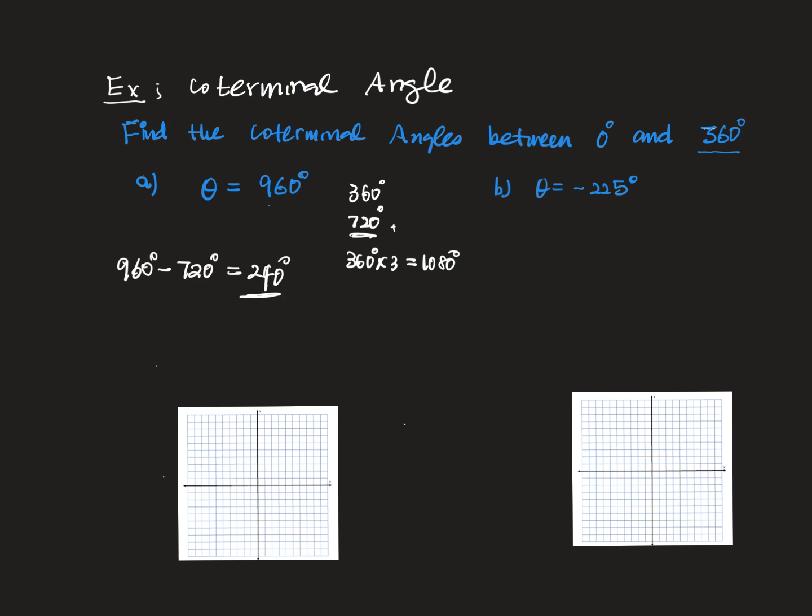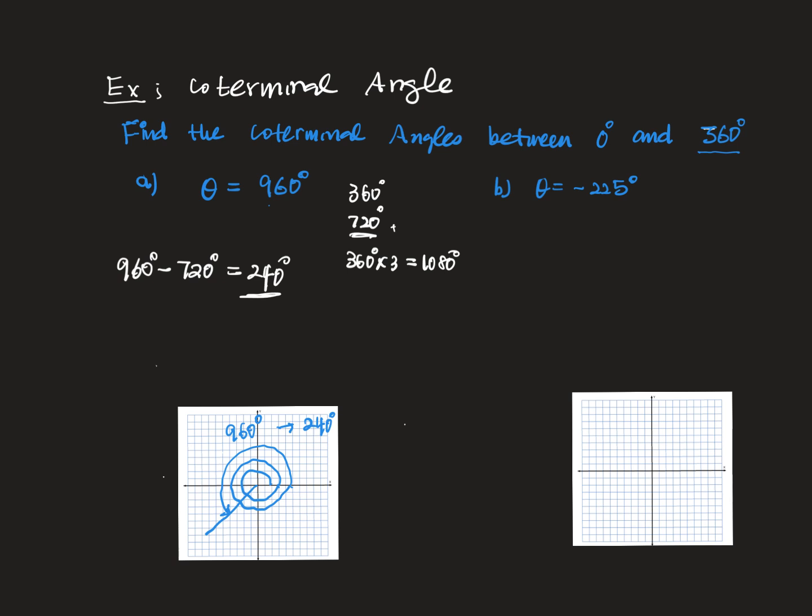How can you sketch it? How many revolutions? Two revolutions: 1, 2, then go to 240. 240 goes all the way around to here. That's 960 degrees. Guys, make sense? So the coterminal angle is 240. Okay, this one is a negative angle in degrees, negative 225. We are looking for the angle between 0 and 360 this time.